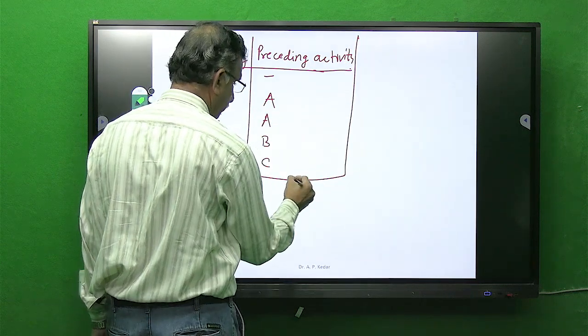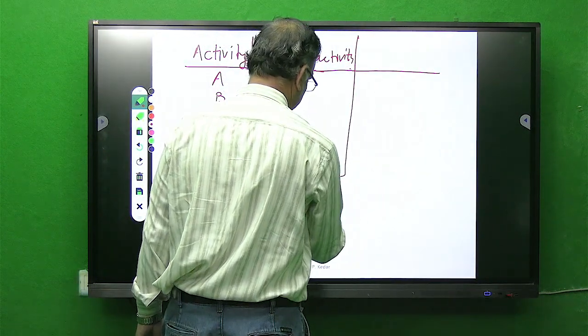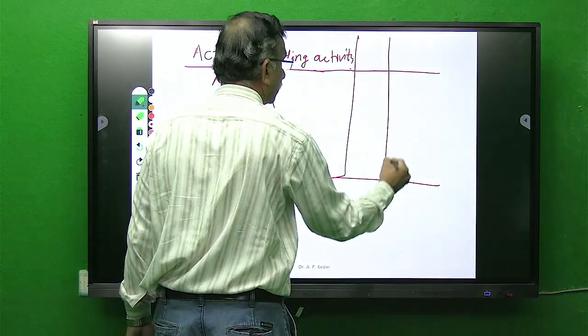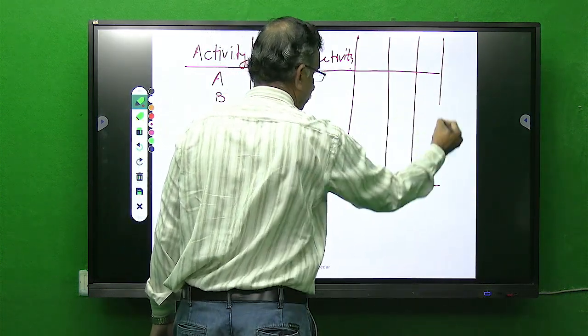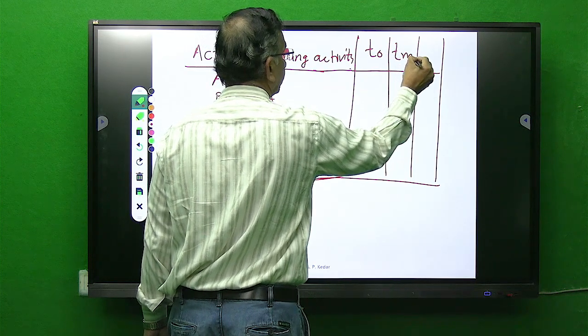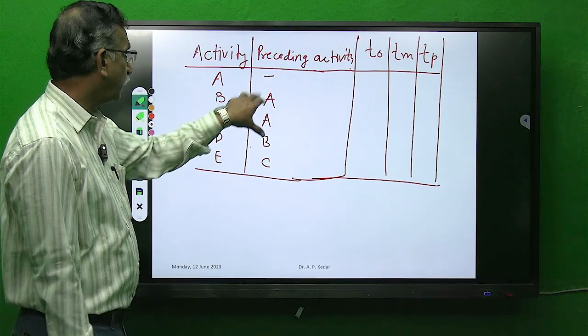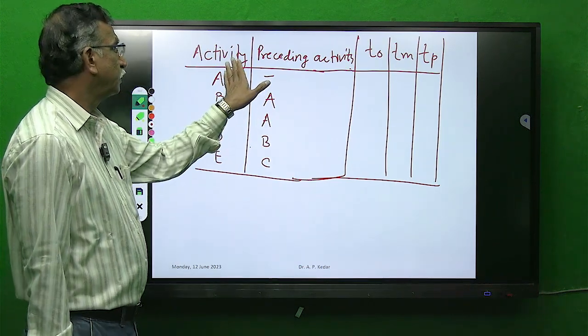And now we know that further there will be various activities, values TO, TM and TP. Now how to tackle this situation?